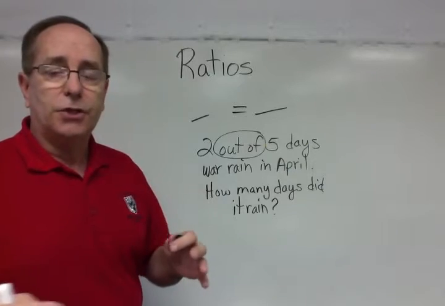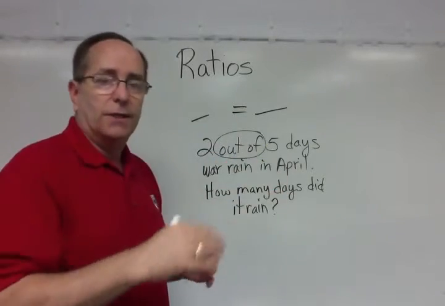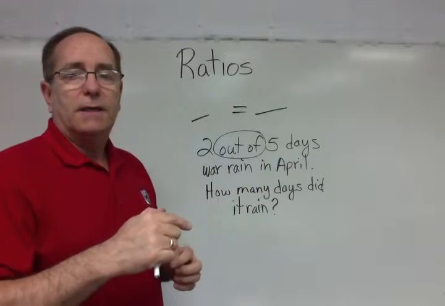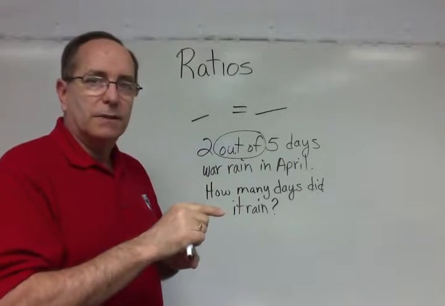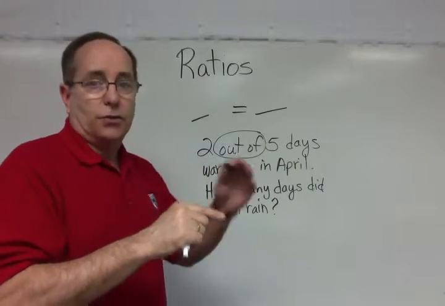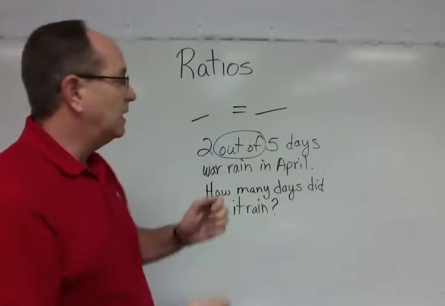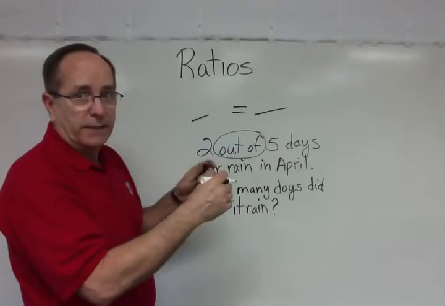So I could build a ratio 2 compared to 3, or for every 2 days it rained, 3 days it didn't. So there I have that comparison of days, 2 to 3, but you can also build it this way, 2 out of 5, and I know the 3 days it didn't rain.